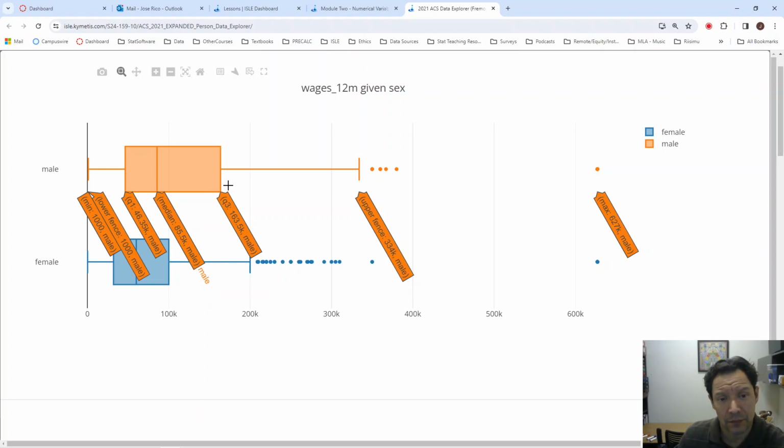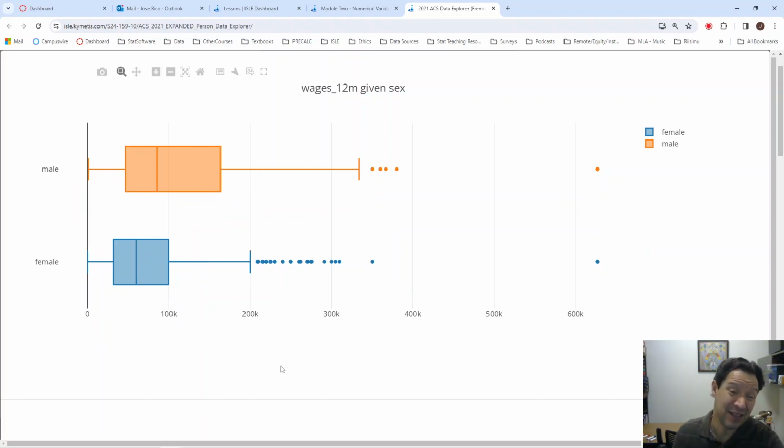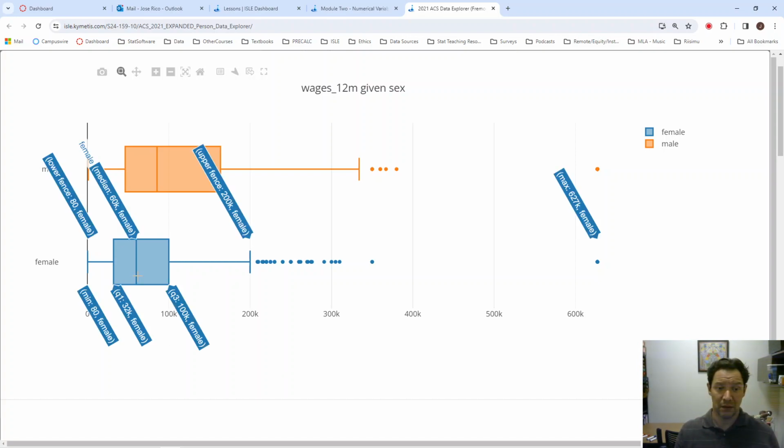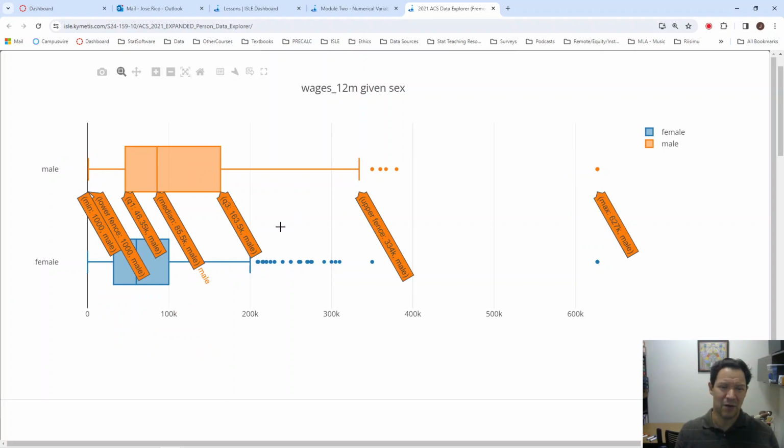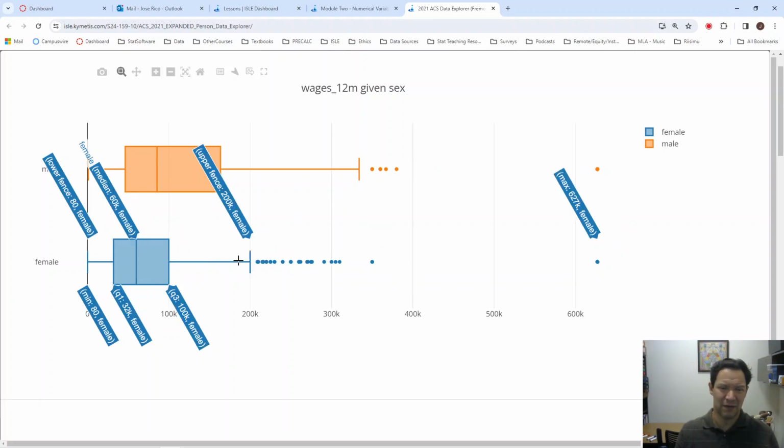And I don't know, that's really all you can see on the box plots. The box plots are a really condensed view of the wages. It only gives us Q1, median, Q3. It shows the upper and lower fences, but I don't really do too much with the fences. The fences do not become much of the conversation point.